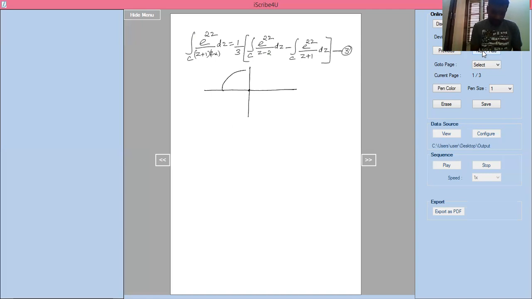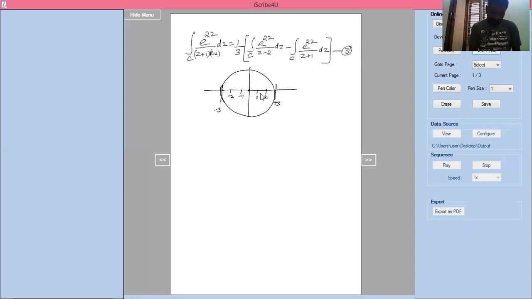So this point is minus 3 and this one is plus 3. Here this point is minus 1, this is minus 2, and this is 1 and this is 2. So 1, 2, 3, and minus 1, minus 2, minus 3.